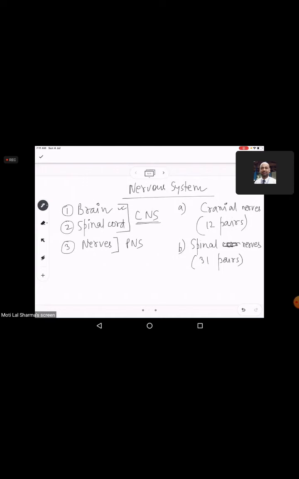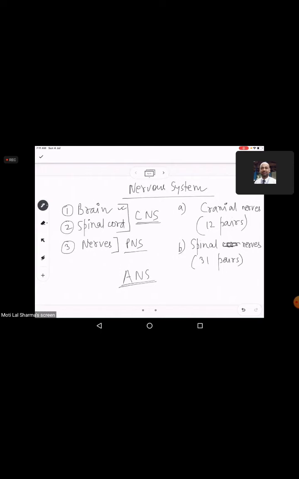And that time your books will tell you the nervous system has three divisions: central, peripheral, and they also mention another division, that is autonomic nervous system. I think you got about this autonomic nervous system in your textbook as well. But this is not how I classify nervous system. That is beyond the scope of this entrance test preparation, so we shall not discuss that.